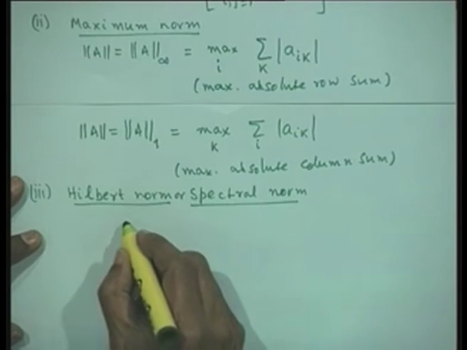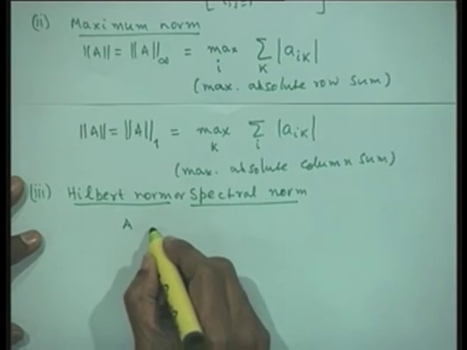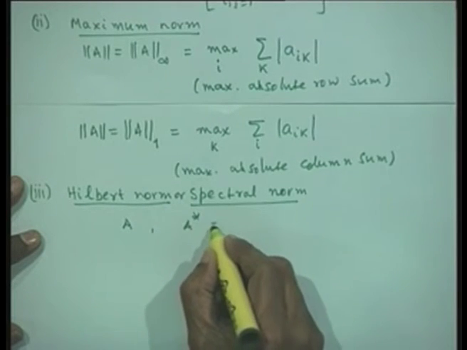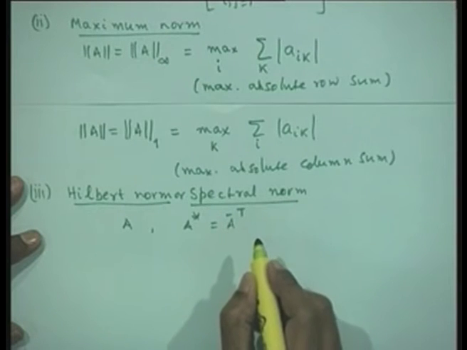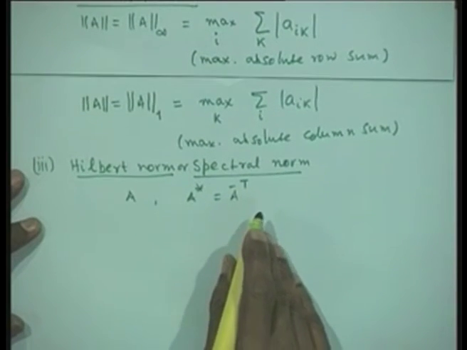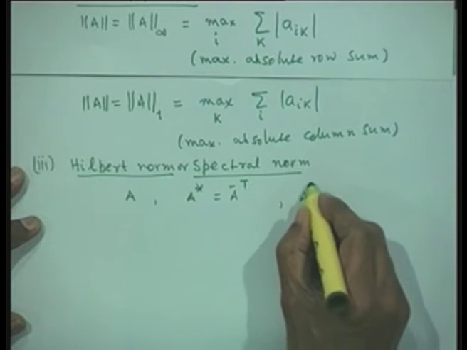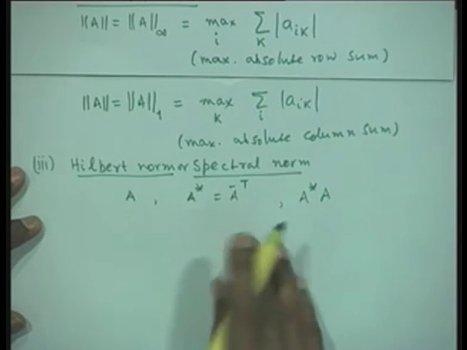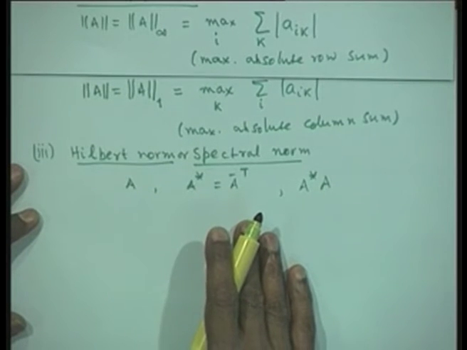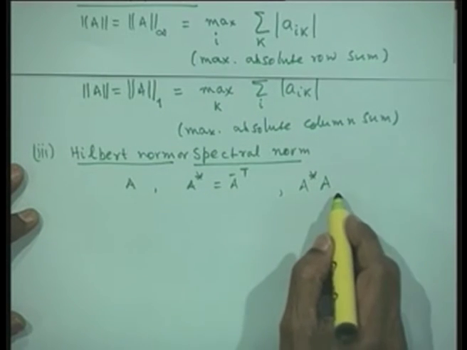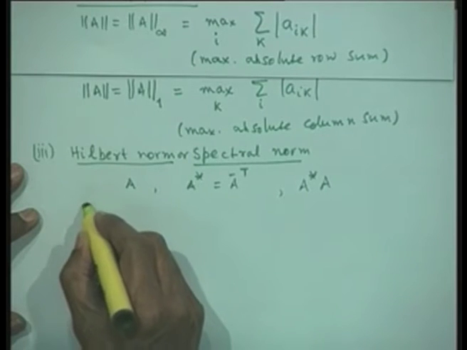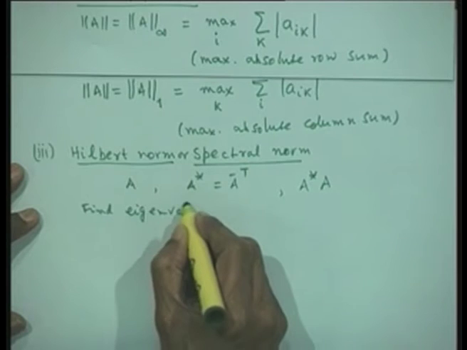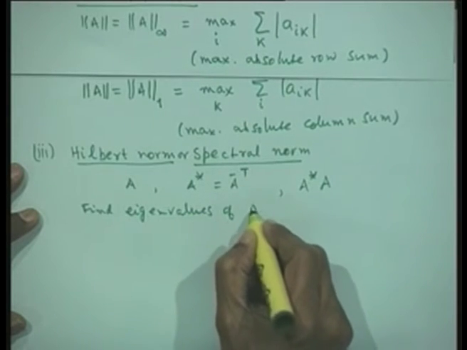What we do here is, given a matrix A, I find its conjugate transpose, which we defined as A star. Then I form the matrix A star A, and I find the eigenvalues of A star A.